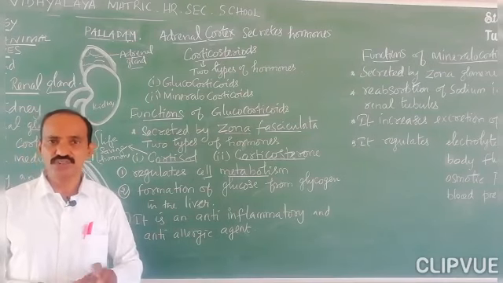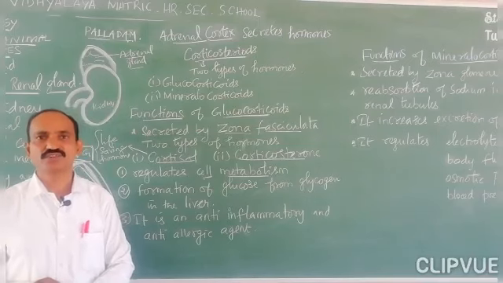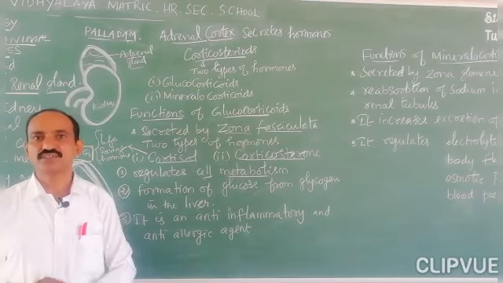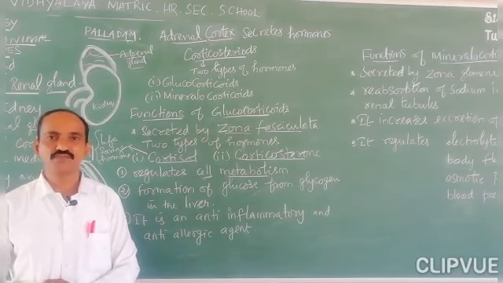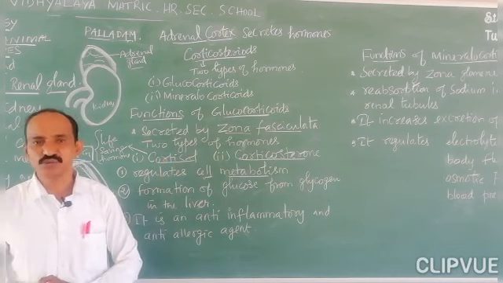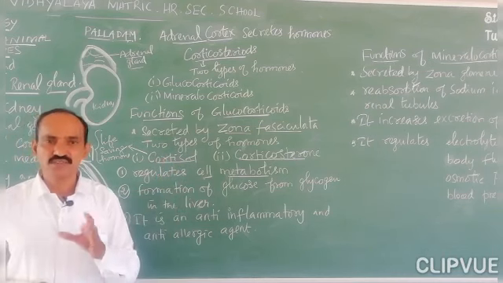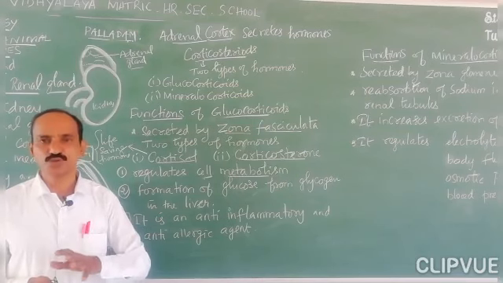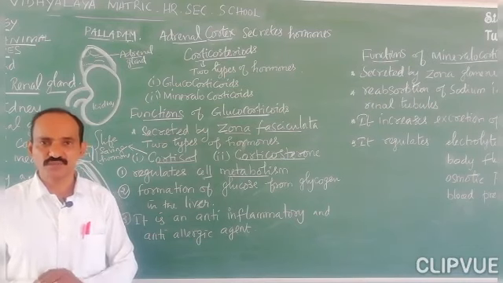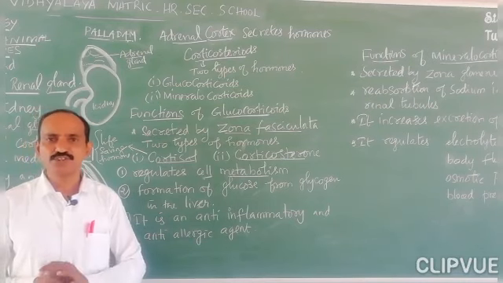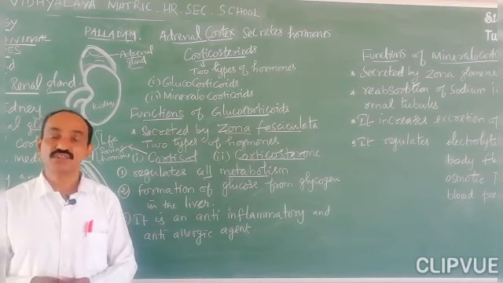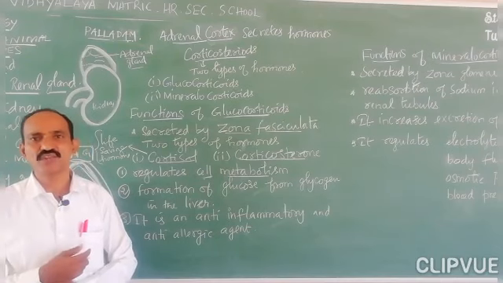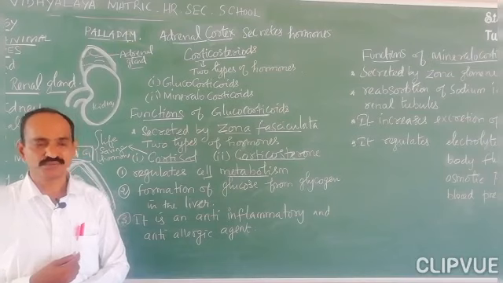Now this glycogen is reconverted or broken down into glucose in the liver. This also takes place with the help of glucocorticoids. When we are fasting, the stored glycogen is converted back to glucose as energy, and these glucocorticoid hormones help in that.